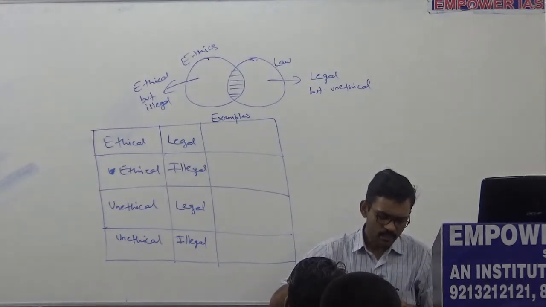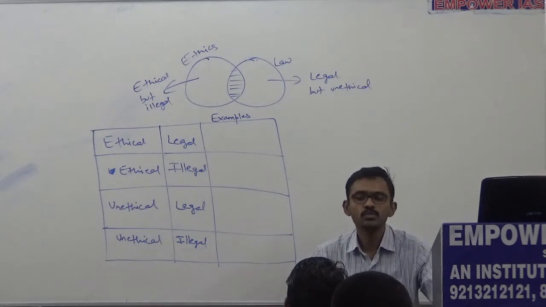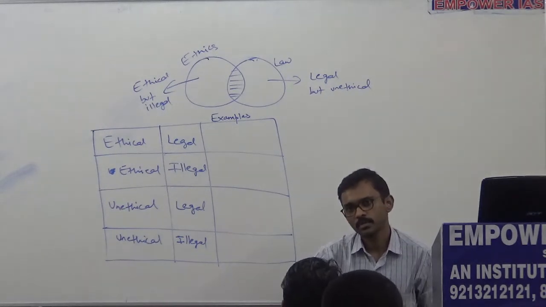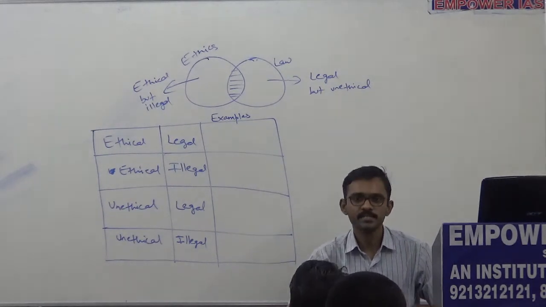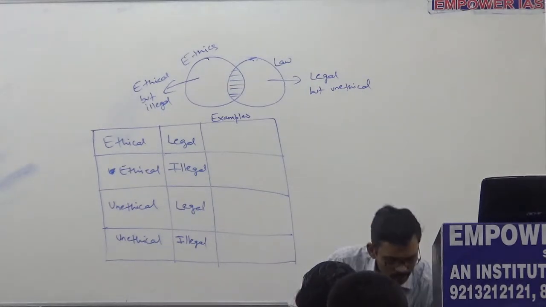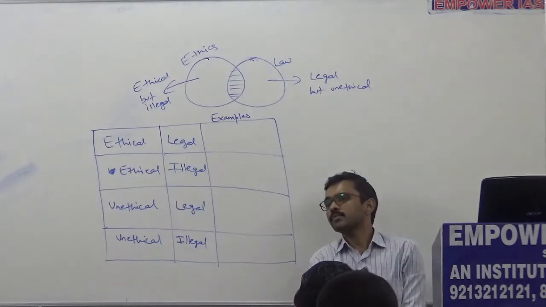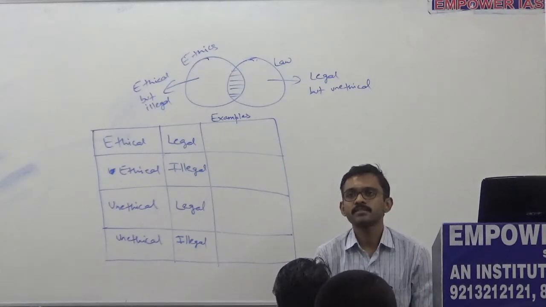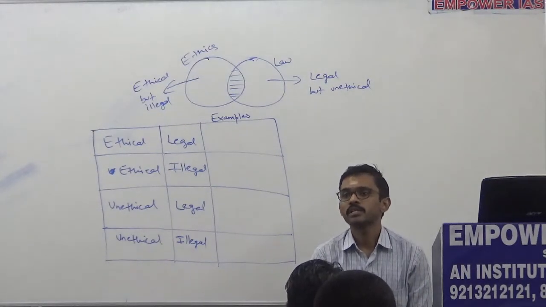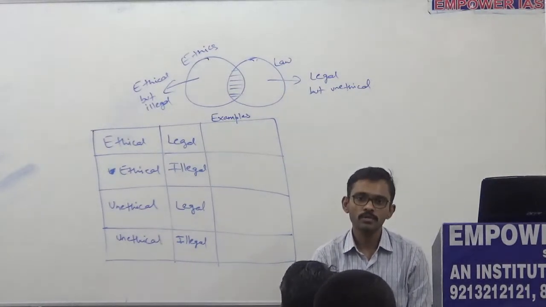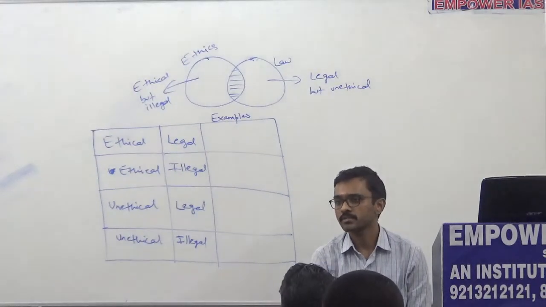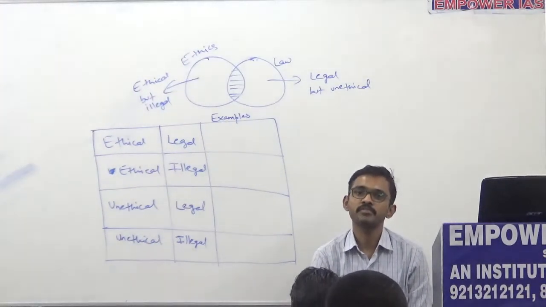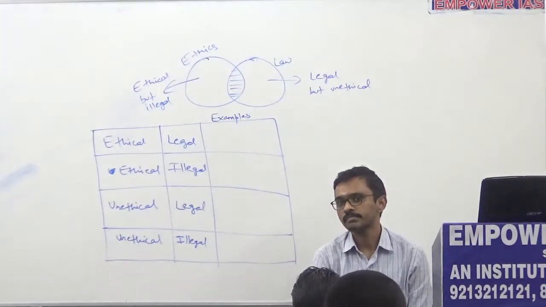See, religion is one of the sources of ethics. Religious texts and religious teachings are one of the sources of ethics. In fact, we have a different branch within ethics called religious ethics, which focuses on religion and religious teachings and the ethical principles that different religions teach us.